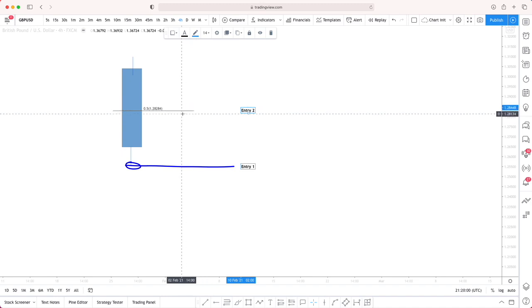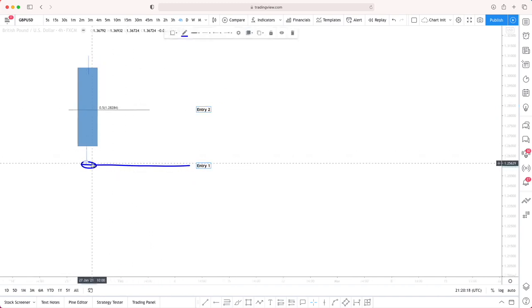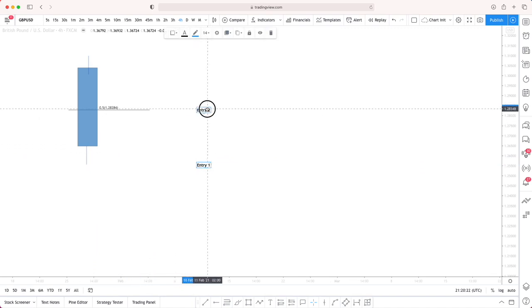If you use the 50%, you are less probable to actually trigger the trade, but it does give you a better risk to reward. So just bear that in mind. That's the only reason why you use the 50% of the OB. Ideally, I would use the open if I were you. You get the higher probabilities for the trade to actually trigger.